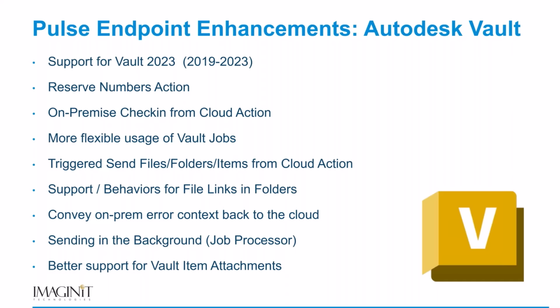There's already a bunch of these that are not listed here, but the new actions that we have are for part number reservations, a check-in of files that have been retrieved from the cloud, more flexible usage of the Vault job processor to be able to work with jobs that exist in the job processor, and being able to request that data gets sent, so triggering a send process from the cloud, from the Pulse platform.